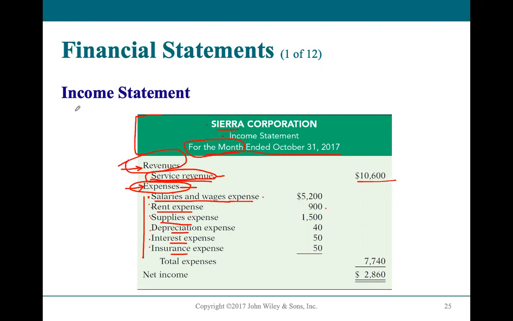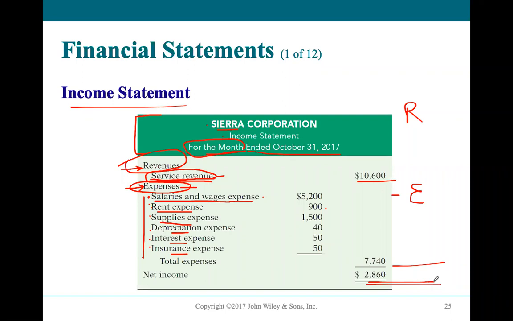One important thing to know about the income statement is it starts with the revenue accounts, then it subtracts out all the expense accounts, and the difference is, in this case, $2,860. So here they started with $10,600 of revenue, money collected from the customers for giving tours.